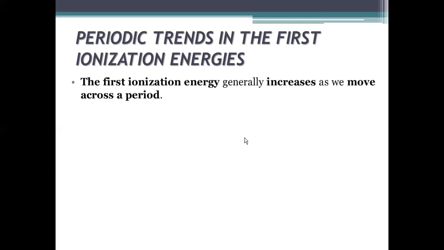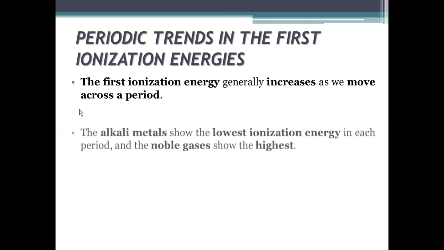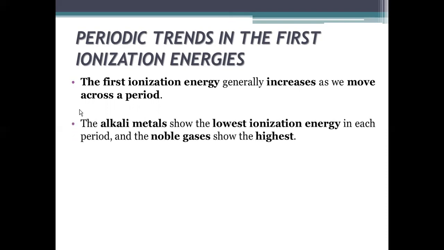The first ionization energy generally increases as we move across a period. Yes, I already said, across the period from left to right, the first ionization energy is always increasing. Usually the alkali metals show the lowest ionization energy compared with the noble gases, which show the highest ionization energy.